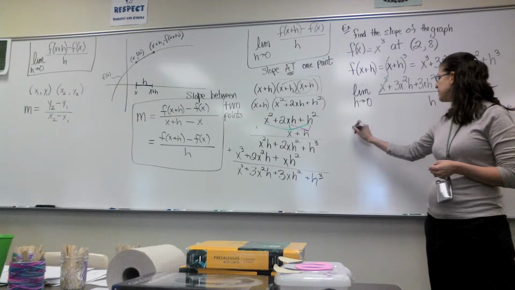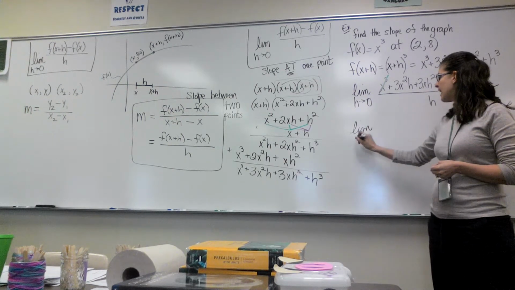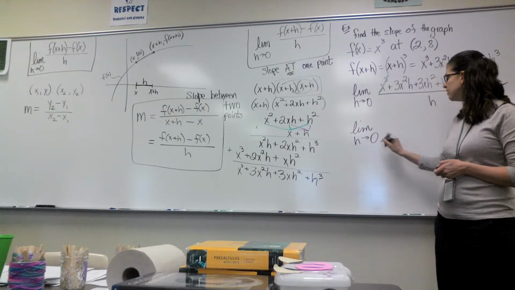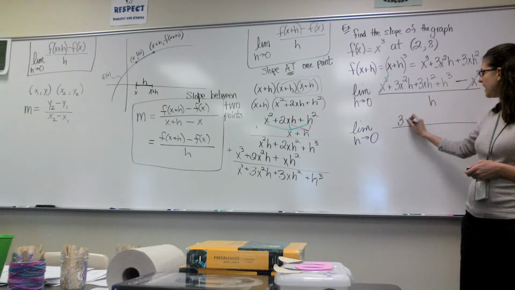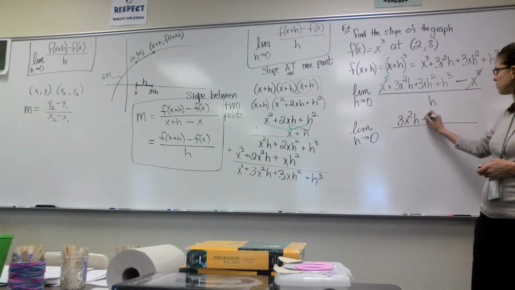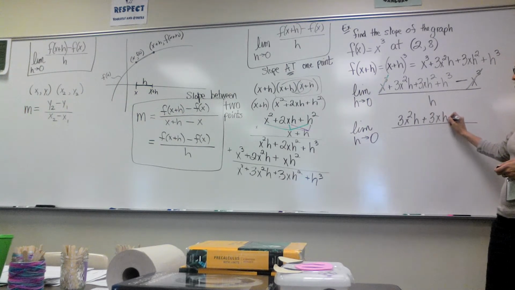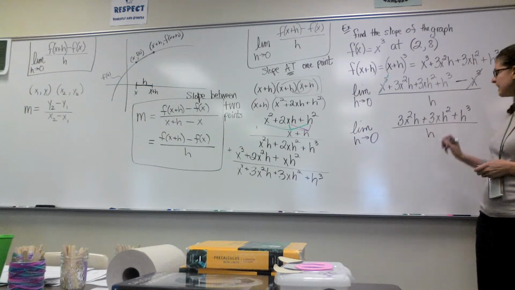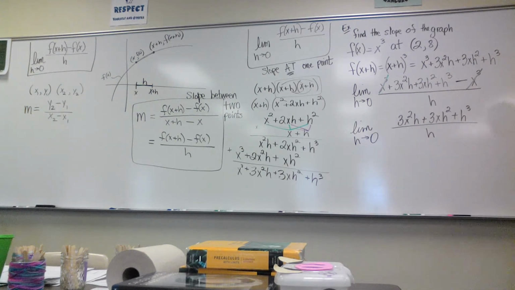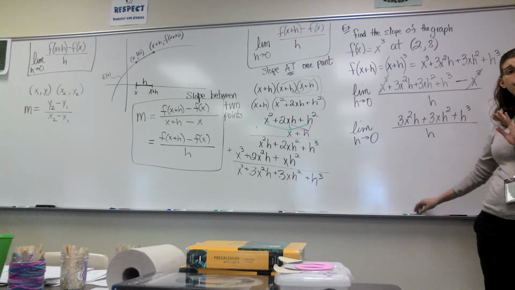So this gives me the limit as h approaches 0 of 3x squared h plus 3xh squared plus h cubed all over h. Take one h out of everything.